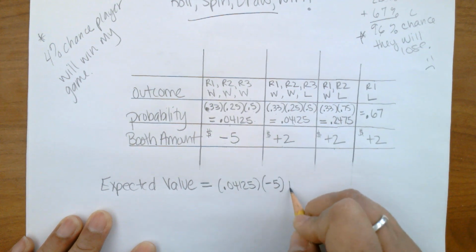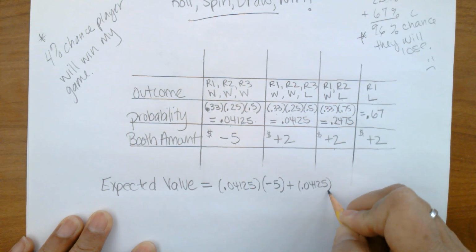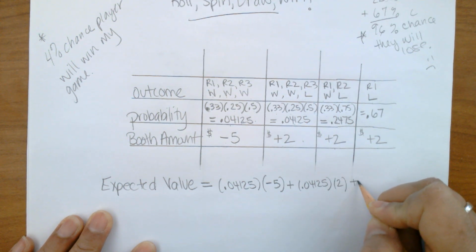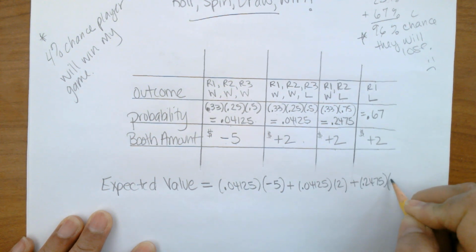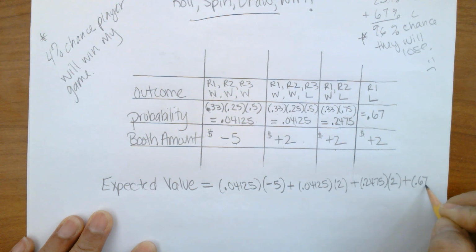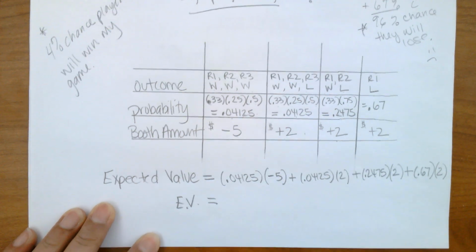Then I'm going to add that to the next one, 0.04125, multiply it by the prize amount, 2. And I'm going to take the next one, 0.2475, multiply it by its prize amount, 2. And I'm going to add that to the next one, 0.67, multiply it by its prize amount, 2. Then I'm going to label it as EV, expected value.